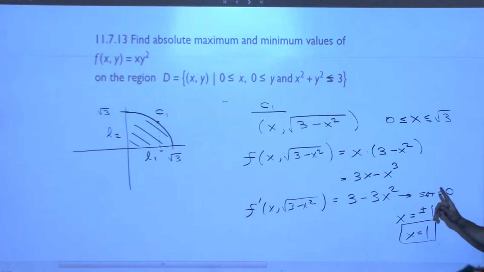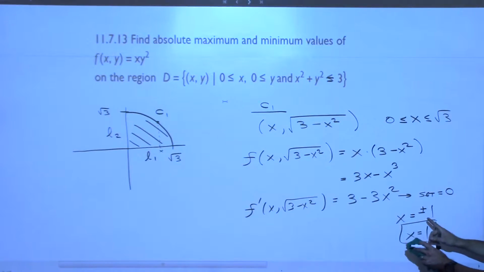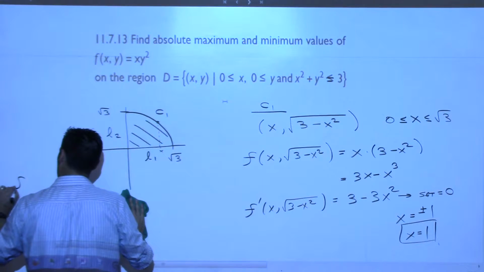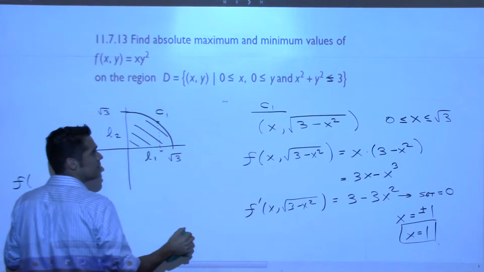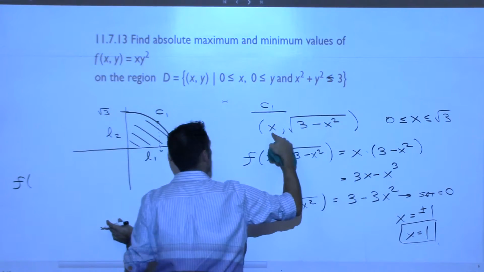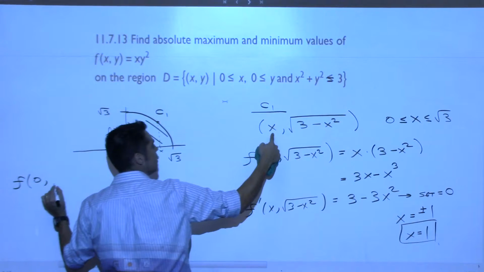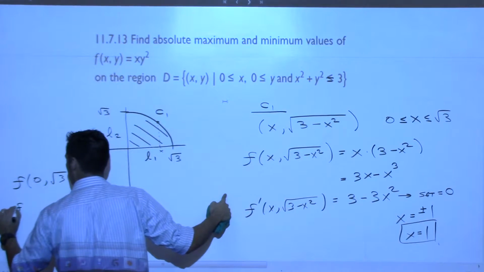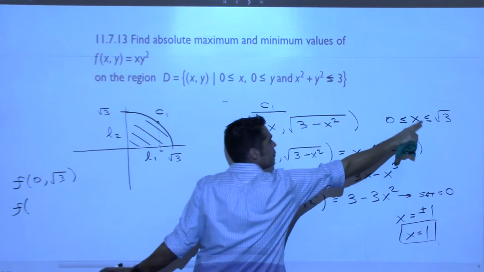So that means I need to look at a couple of things here. Let's do the endpoints. I plug in 0 for x, I get 0, and then when I plug in 0 here, I get root 3. I need to look at f of root 3.